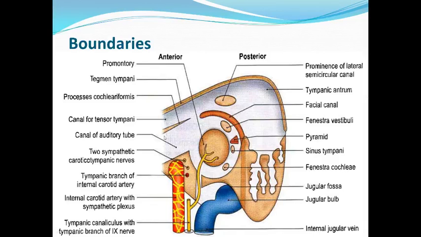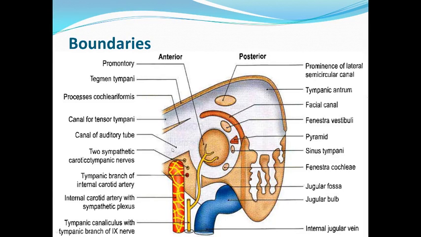Firstly, we'll talk about the second opening, that is the opening for the canal of the Eustachian tube, or the auditory tube. The middle part has the opening for the canal of the auditory tube. So this is the uppermost part, and this is the middle part, which has the opening for the canal of the auditory tube, or the Eustachian tube.